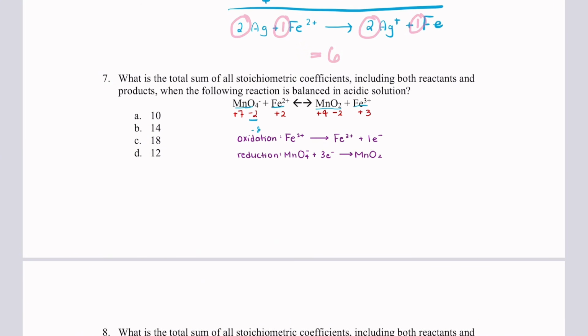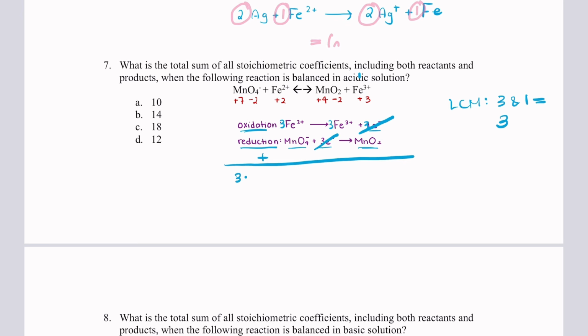That gives 3 iron 2+ ions forming 3 iron 3+ ions and 3 electrons. Now the electrons in both the reduction half reaction and the oxidation half reaction match. And when we sum up these 2 half reactions, the electrons cancel out.